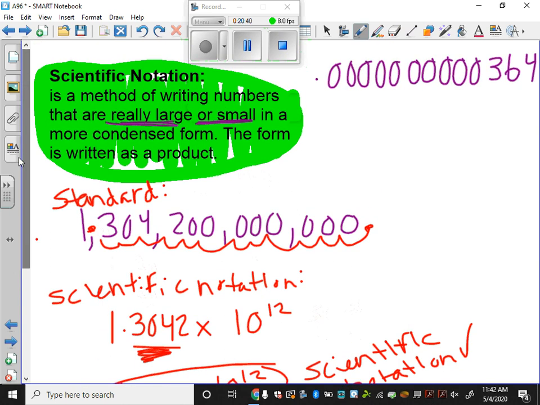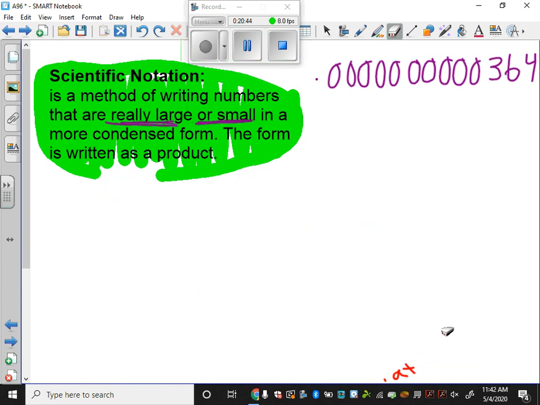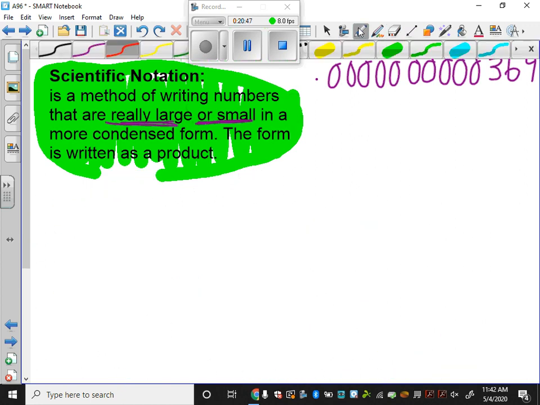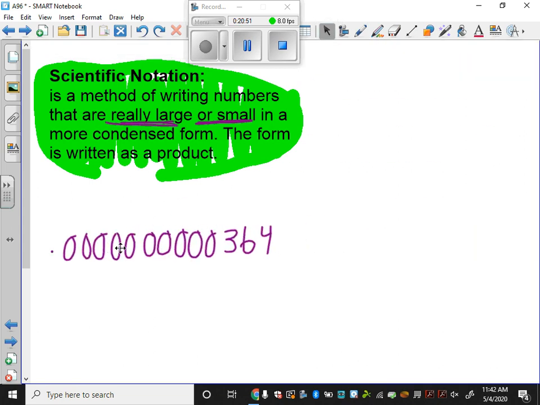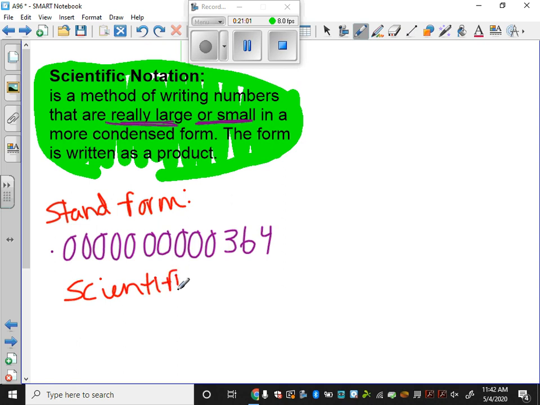So now let's do another example. Yeah, I'm going to just move this down here. So this is written in standard form. And I want to write this in scientific notation.